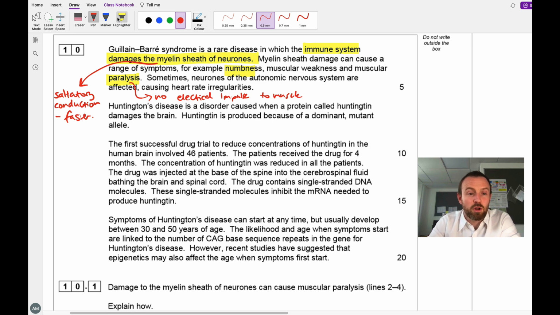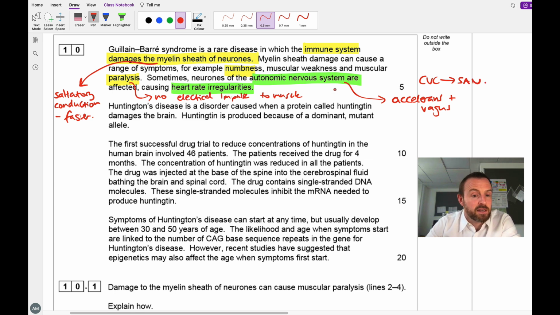Sometimes neurons of the autonomic nervous system are affected, causing heart rate irregularities, so things like the accelerans nerve plus the vagus nerve that send impulses from the cardiovascular center to the SAN, they aren't working. So CV center to SAN, they're not communicating with the heart, hence irregularities.